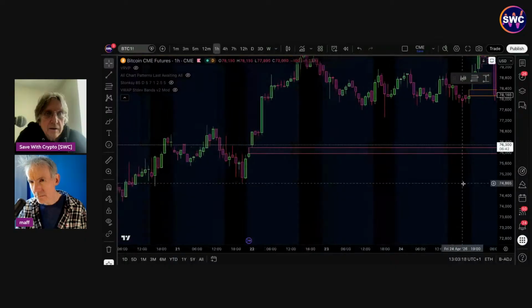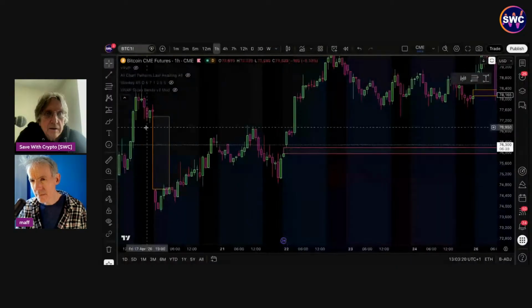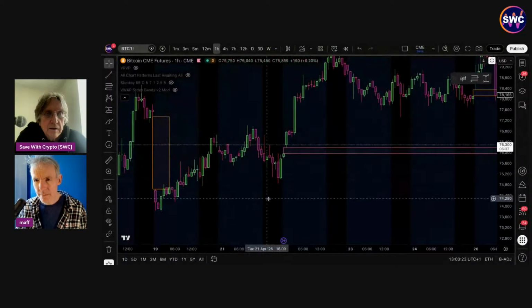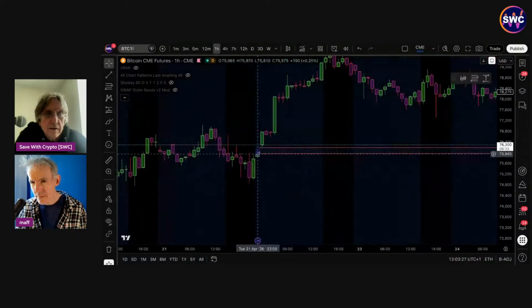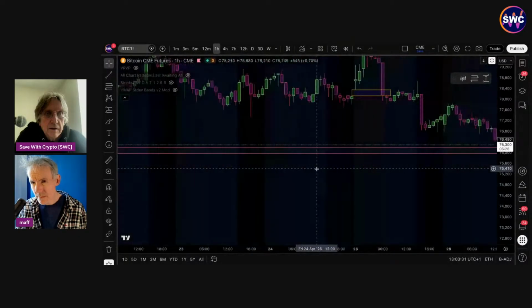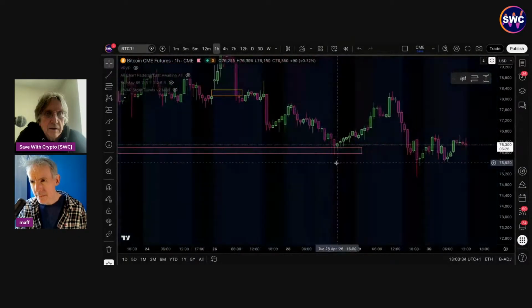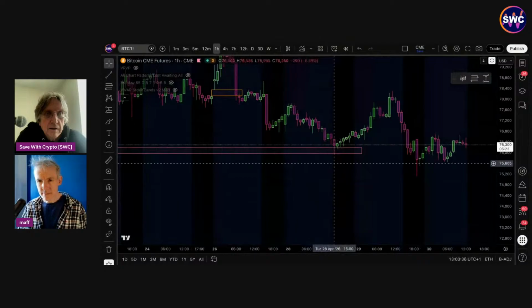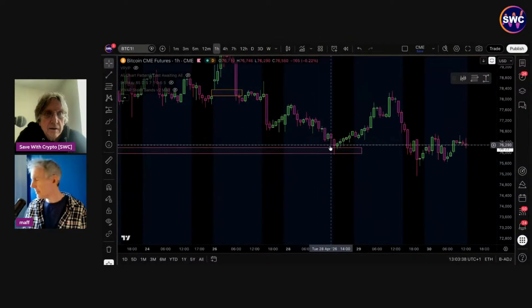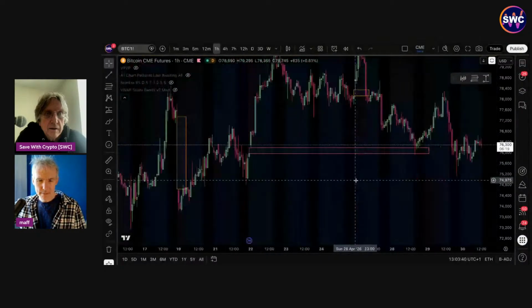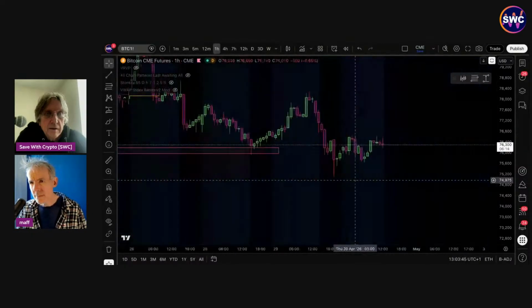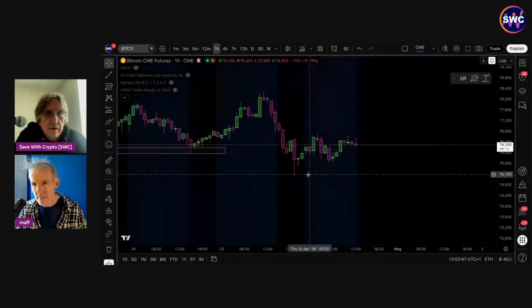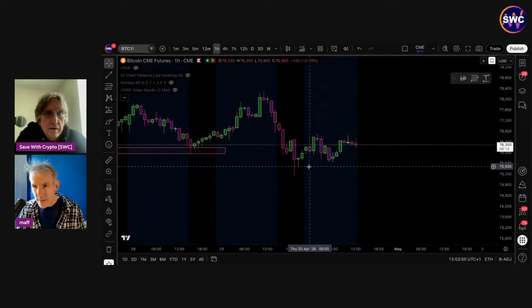Anyway, what I noticed was all these orange boxes. They're all ones from the weekends. And this pink one here, I drew that in because that was from Tuesday the 21st of April. And then when we had that dump on Tuesday, it actually came down and closed that one as well. It's something I hadn't really noticed or paid any attention to, and I can't see one this week at all.